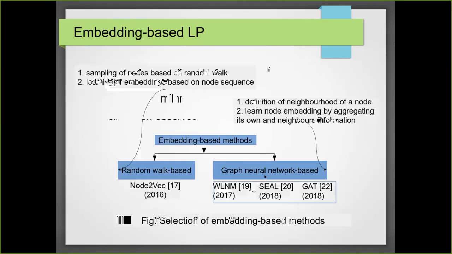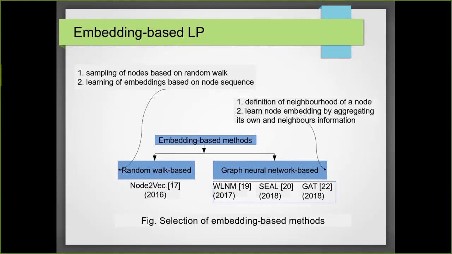For embedding-based link prediction approaches, there are 2 kinds of approaches. The first one is random walk-based approaches. They sample the neighbors based on random walks, and then use this node sequence to learn the embeddings. And for graph neural networks, we know neural networks are very successful in the computer vision domain.